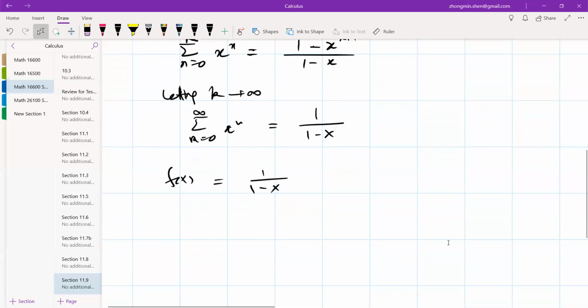Now, of course, we have to solve an inverse problem: for what function can you find a power series representation? So here's a definition.